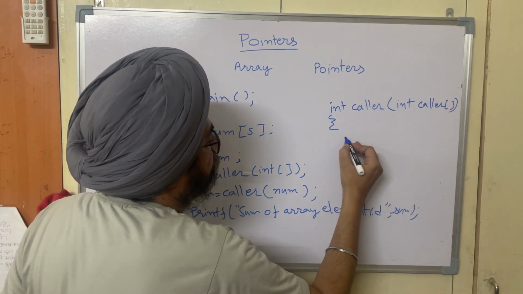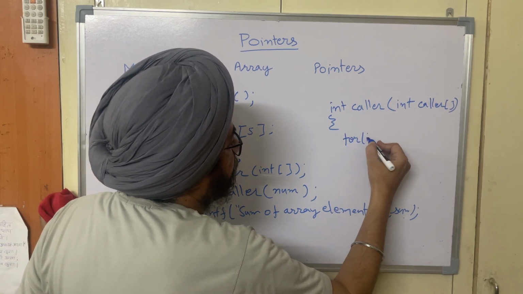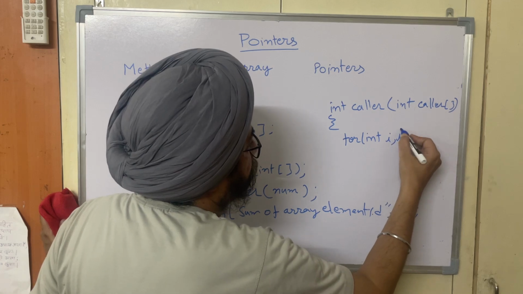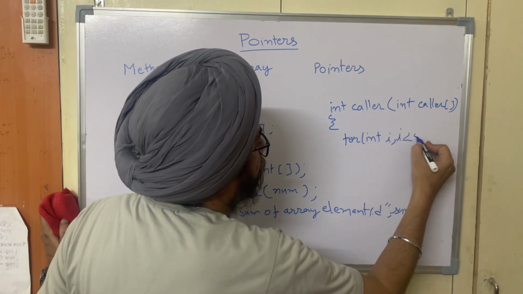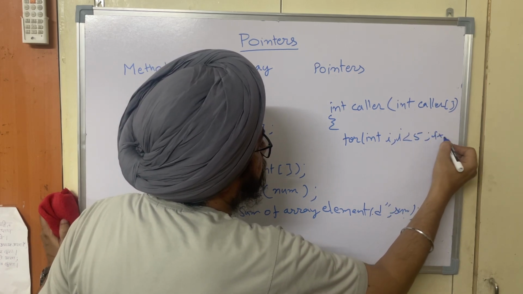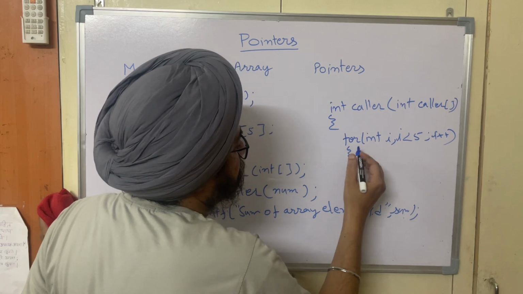Suppose we have to print the values. I use the sum with for (int i = 0; i < 5; i++).